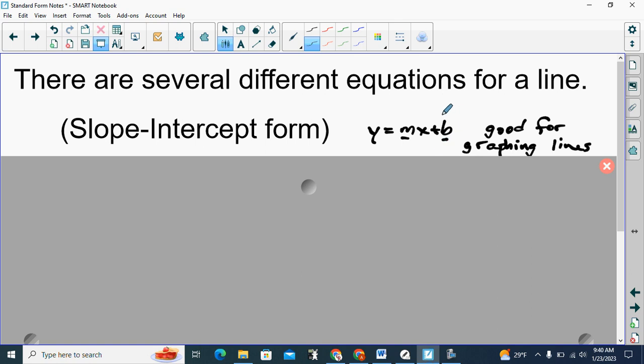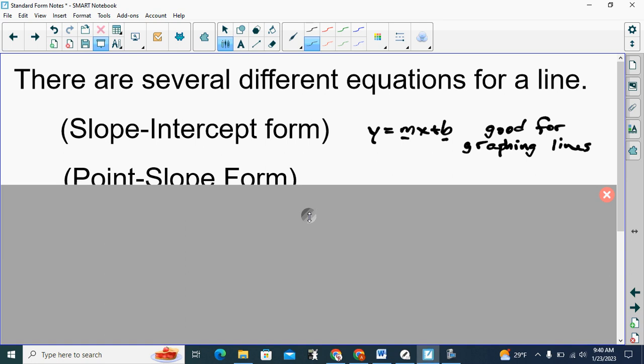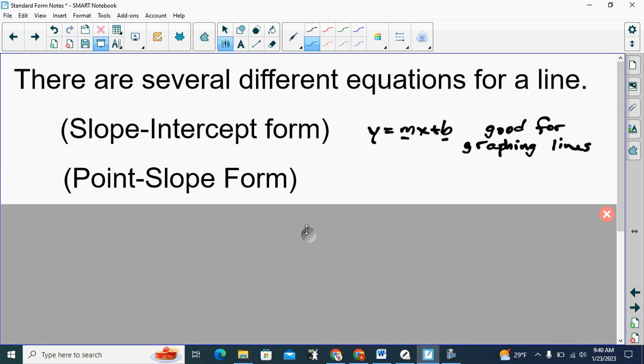And a lot of times we are not given what the y-intercept is, which is why we had this secondary form, point-slope form. It's written y minus y1 equals m times the quantity x minus x1.